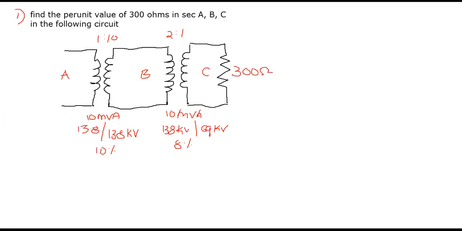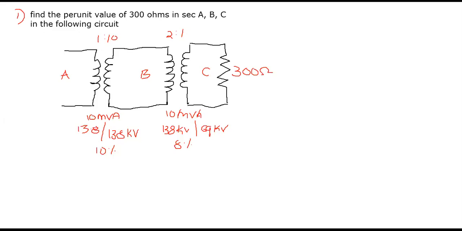Now the 300 ohms is connected in section C. So first of all, you need to determine the per unit value of the same parameter in section C. Later we shift the 300 ohms to section B, and later to section A. One by one, completely sequence wise.